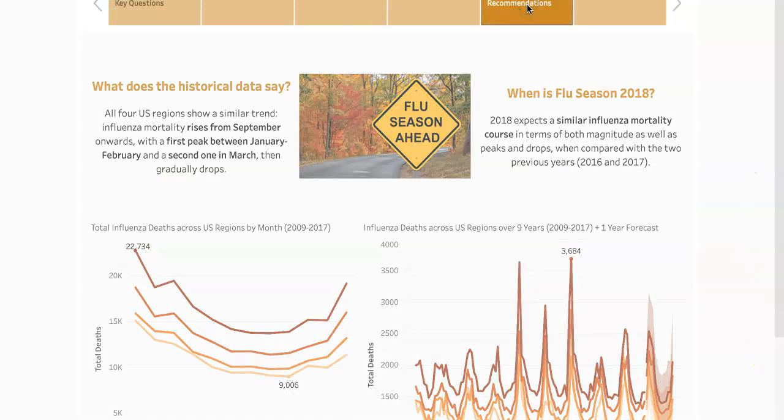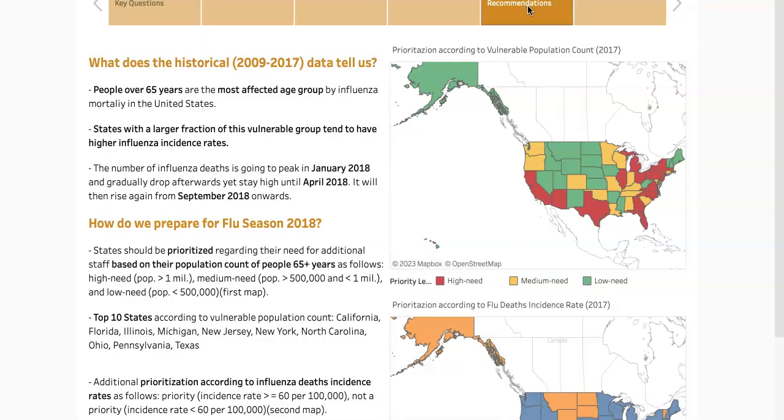Finally, we come to conclusions and recommendations. Here at the top right, we have a map categorizing states based on their count of vulnerable populations, so their count of individuals over 65 years old. A traffic light color scheme guides us in classifying states into high, medium, and low need for additional staff.